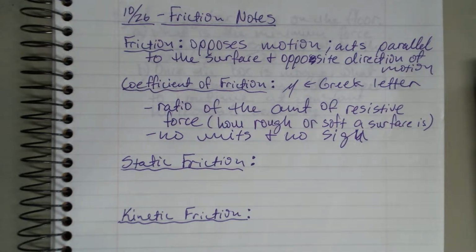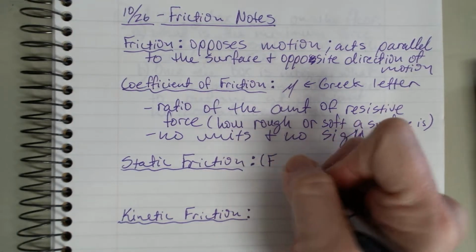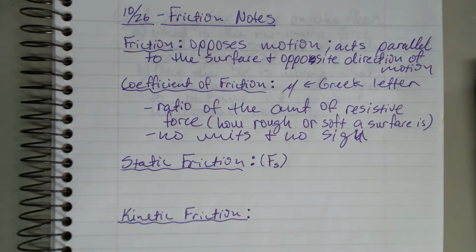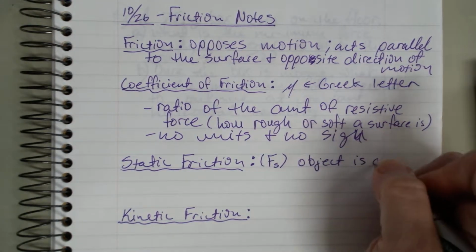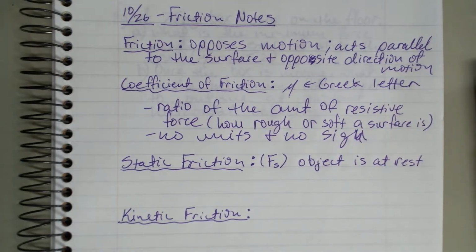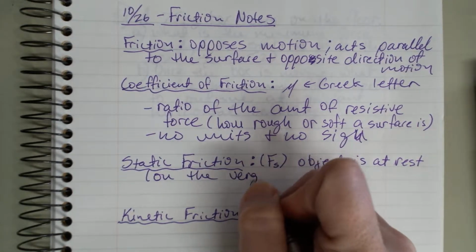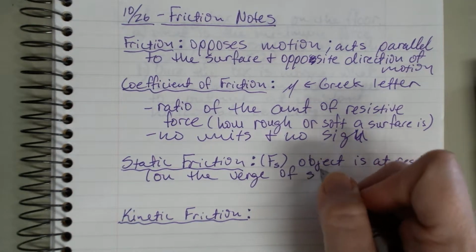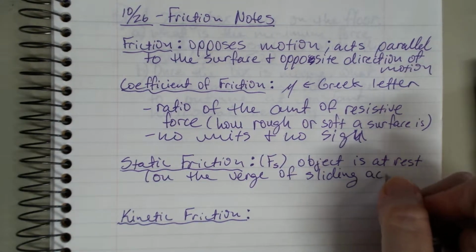Okay, there's two different types of friction that we talk about, so there's two different types of mu's that we use. We have static friction, which has the symbol Fs, with a subscript of S. This is when the object is at rest, or it just won't move, and it's just on the verge of sliding across a surface.